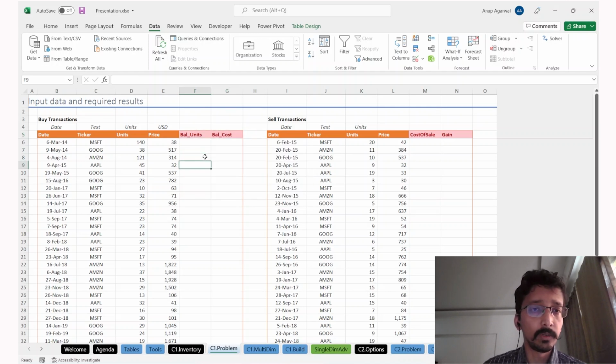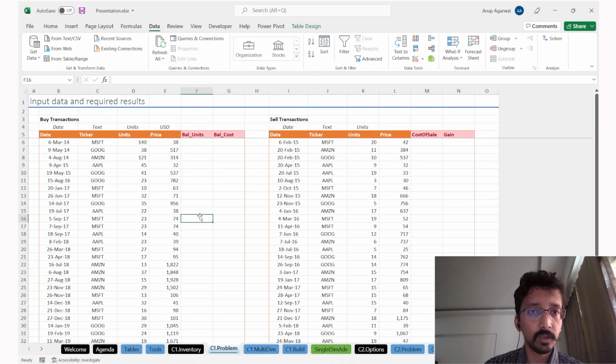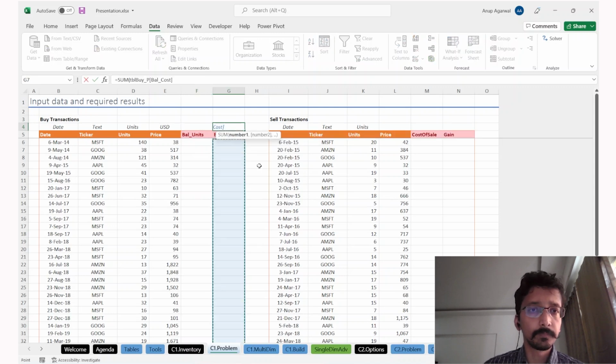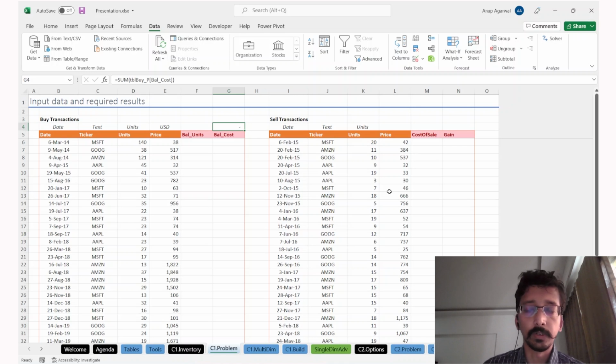So we want to be able to measure how many units of these individual purchases we still have in stock, and what is the cost of that inventory. So the sum of these columns would really be your closing inventory at cost, not at market value, at cost.